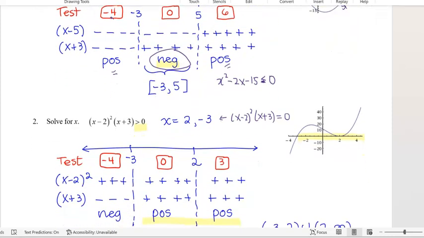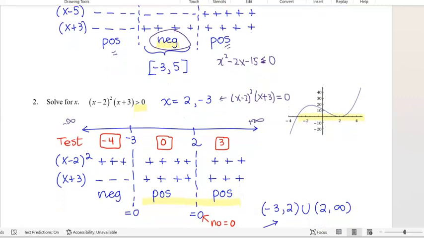Then again, we set up my intervals from negative infinity to the first boundary point -3, then 2, then positive infinity. I choose an easy number from each interval: -4, 0, 3. You can choose different numbers, but they must be inside the interval.